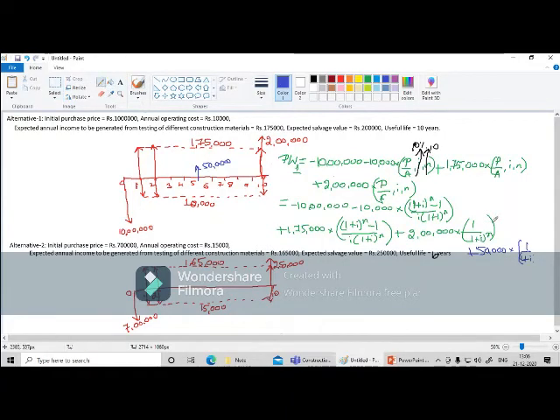The value of n here, if you have a single value of 50,000 in between, would be 5 years, because it is present at the end of 5 years.